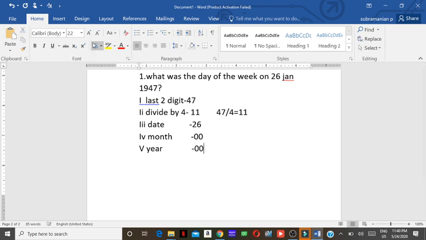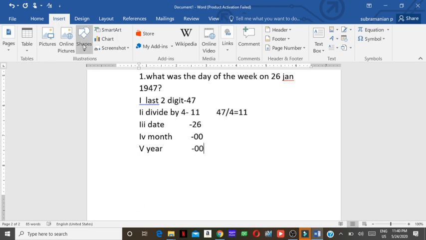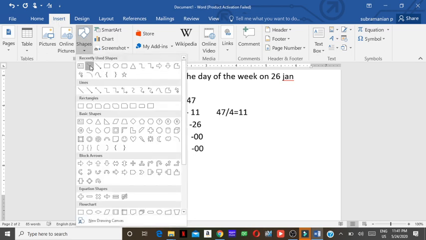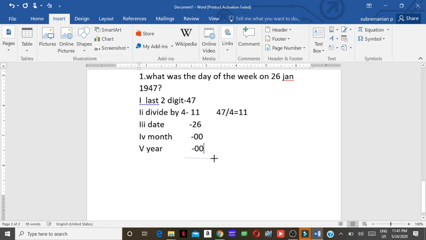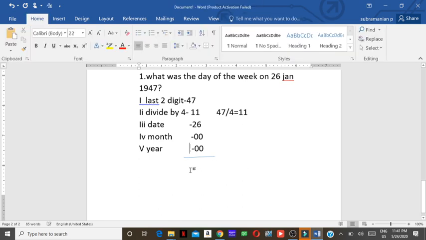By adding these 5 steps, 47 plus 11 plus 26 plus 0 plus 0, we get the answer 84.